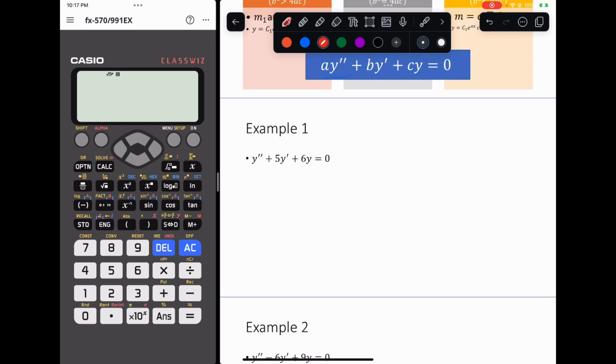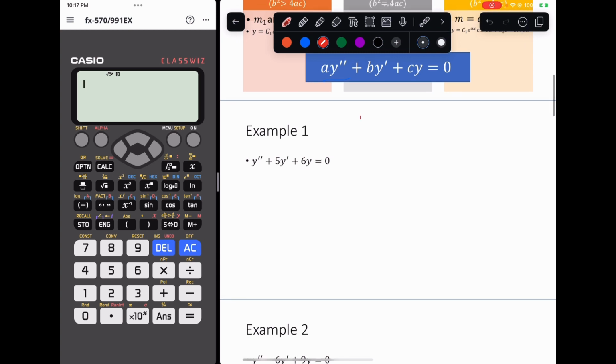That is by looking at the relation of b squared and 4ac. So b here is 5, so that would be 5 squared. And then we'll have 4, a is 1, and c is 6. So b is the coefficient of y prime, a is the coefficient of y double prime, and c is the coefficient of y.